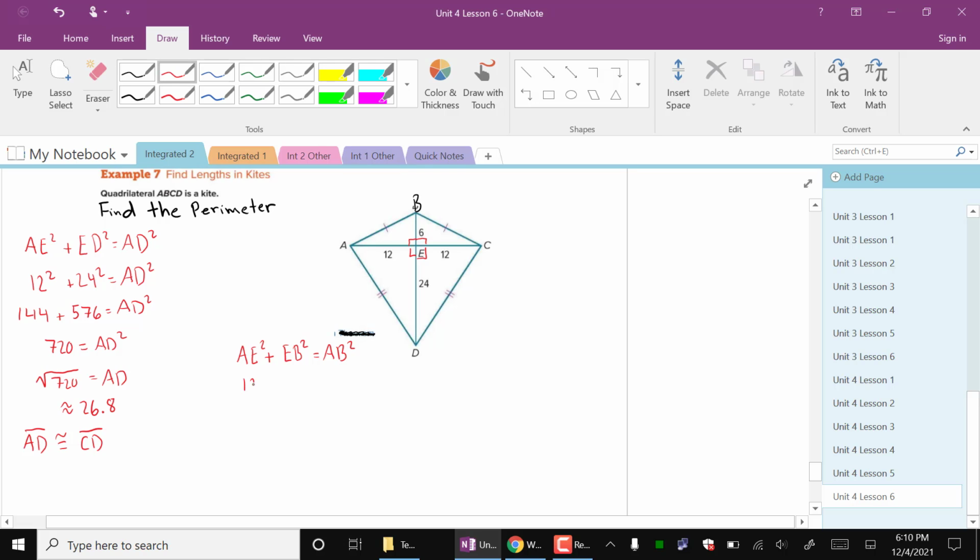That gives me 12 squared plus 6 squared equals AB squared. 12 squared is 144. 6 squared is 36 equals AB squared. Add these two together, I get 180 equals AB squared. Take the square root, I get the square root of 180 equals the square root of AB squared is just AB, and this is about 13.4.